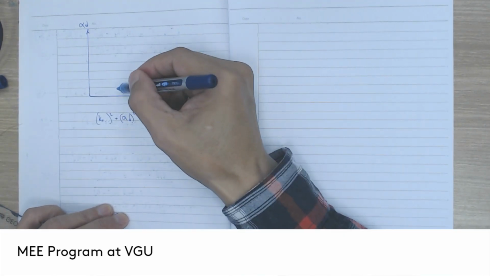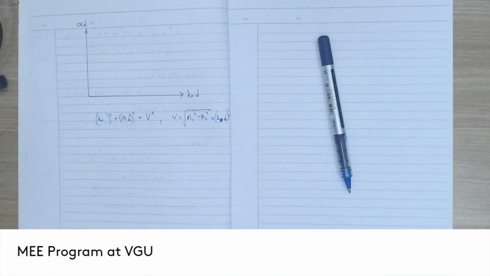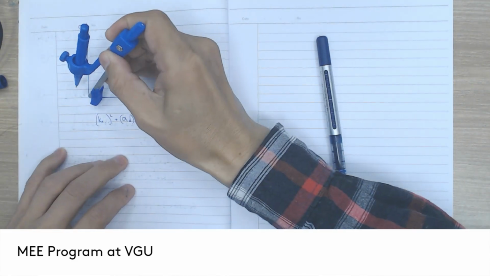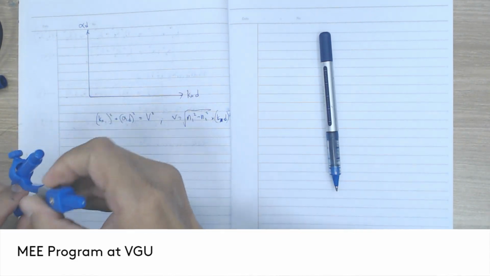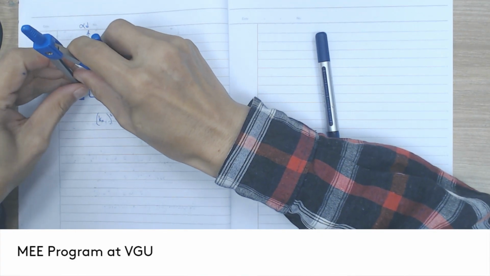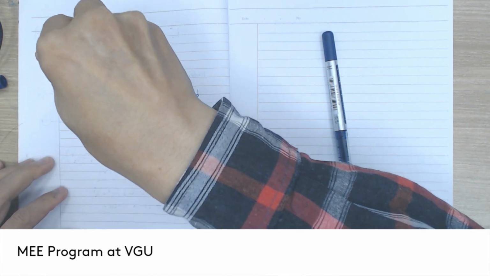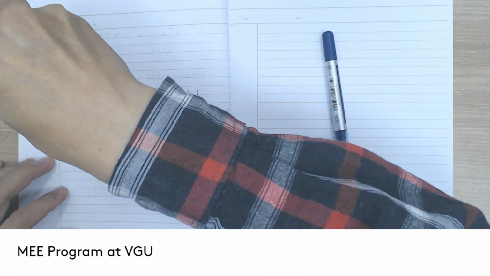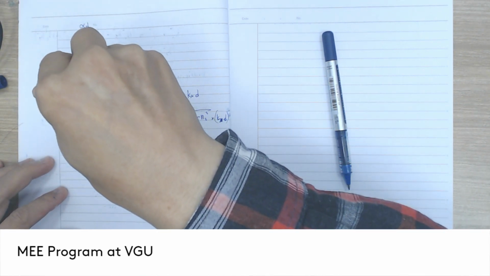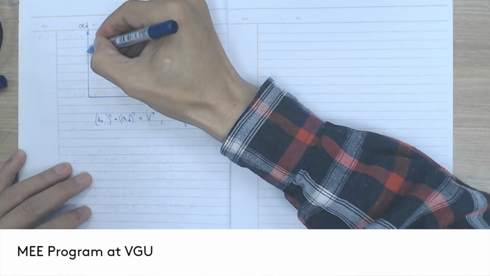So it is a circle. So if this is the case, I can draw a circle on the board, assuming that the radius here is V. So this is the circle.